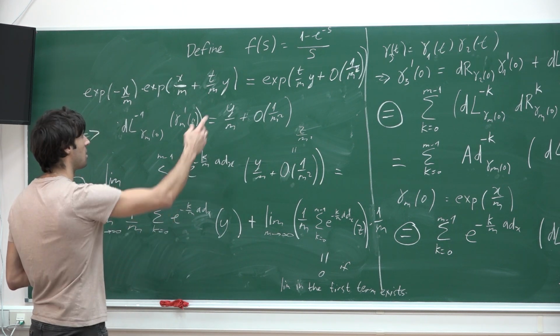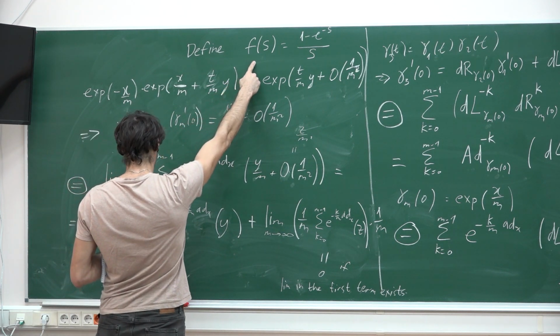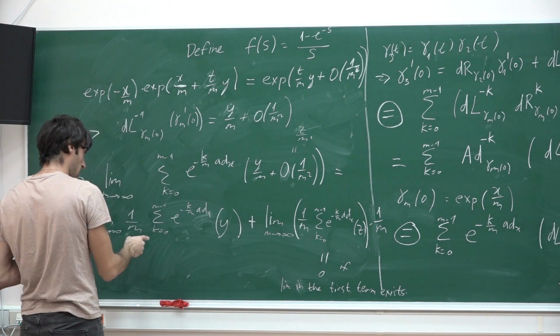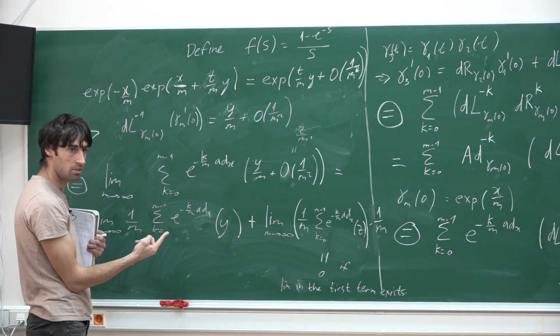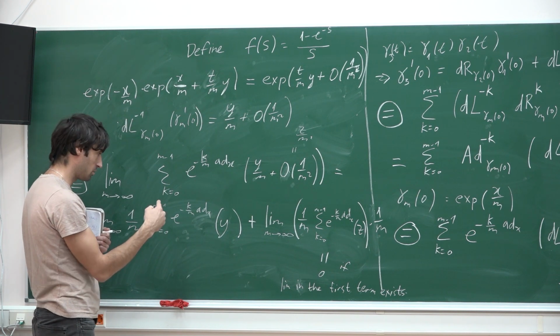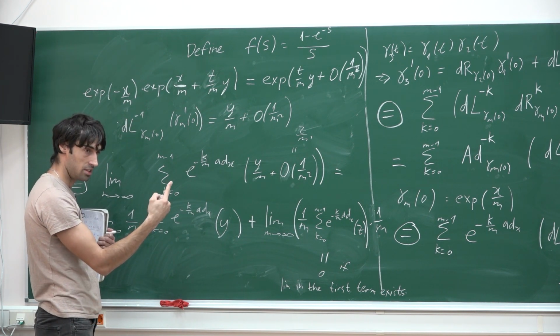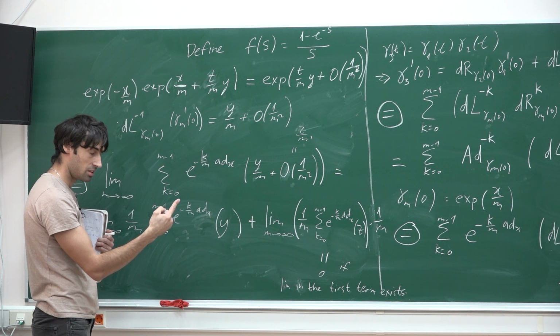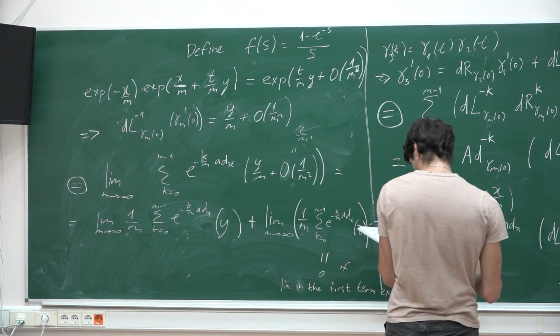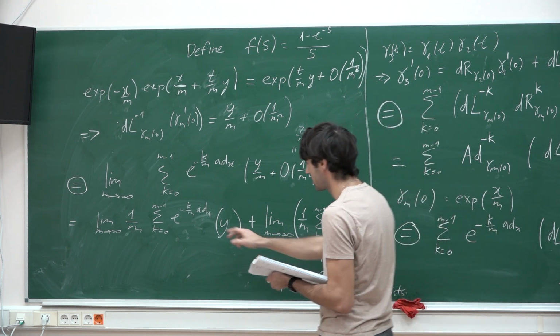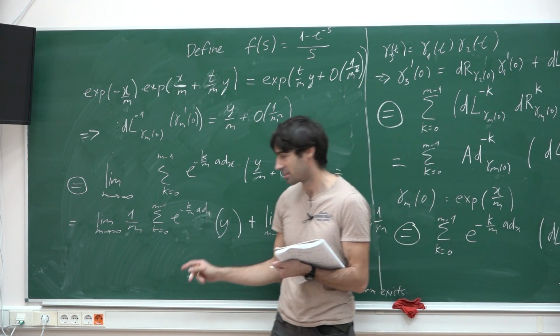But now look here. I claim that this is a Riemann sum of e to the negative s dt, where s is ad x, right?